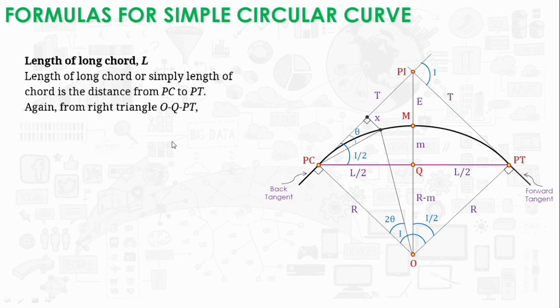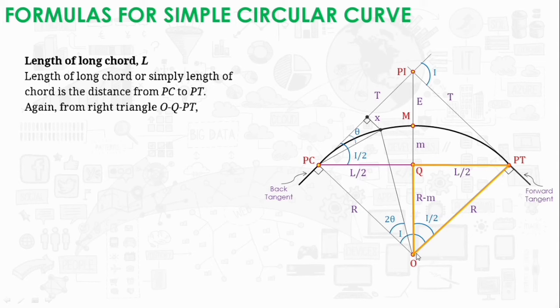Next, the length of chord, L. The length of chord is simply the distance from the PC to PT. Again, considering right triangle O, Q, PT, we can derive the formula for the length of chord. We can use the sine function, the opposite over the hypotenuse, though if only M is given, you can also use M, depending on the given.